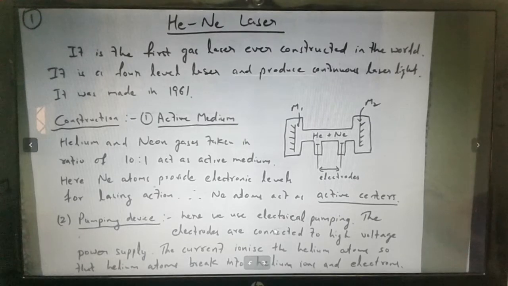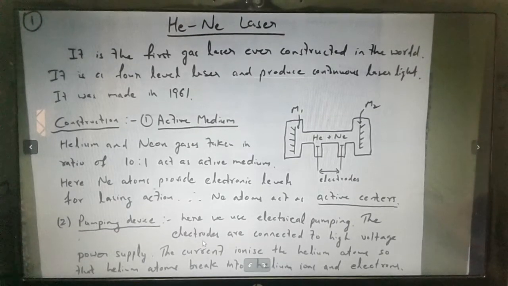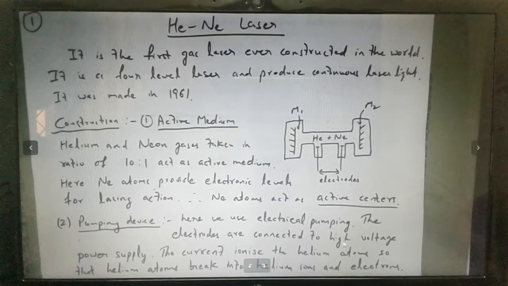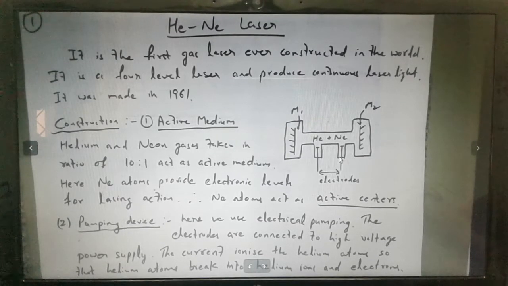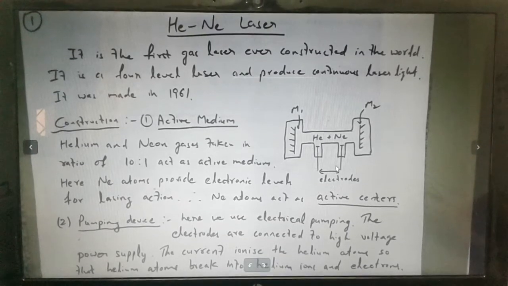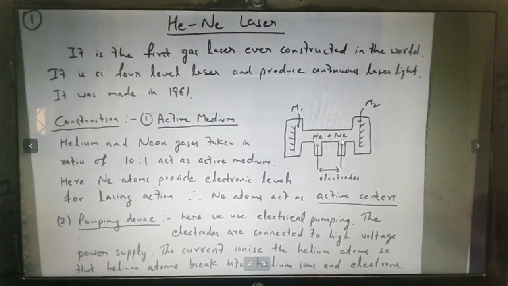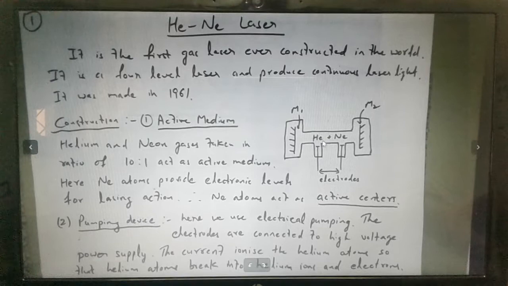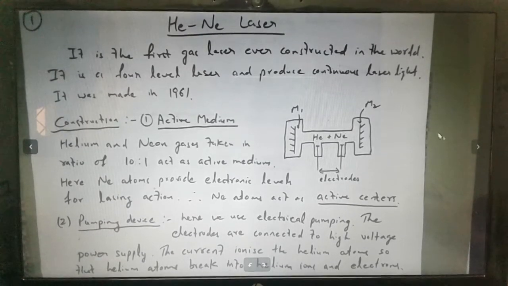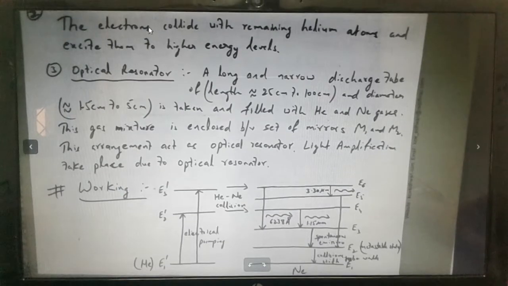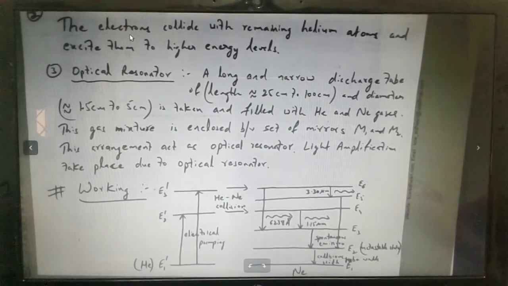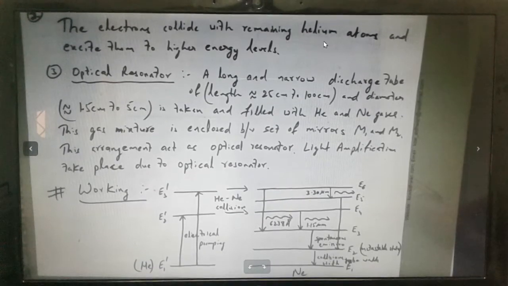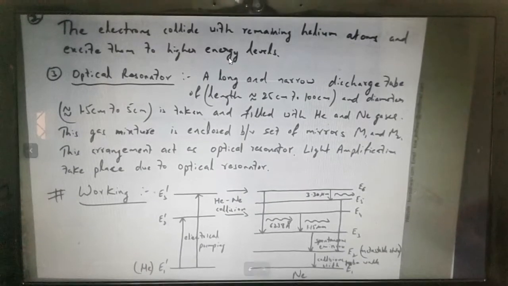Now there are electrodes, anode and cathode, which are connected to a high voltage power supply. You can see in this diagram. When we switch on the power supply, a current passes through this gas mixture. Due to this, ionization of helium gas takes place, and the electrons produced by ionization accelerate and collide with the helium atoms and excite them to higher energy levels.